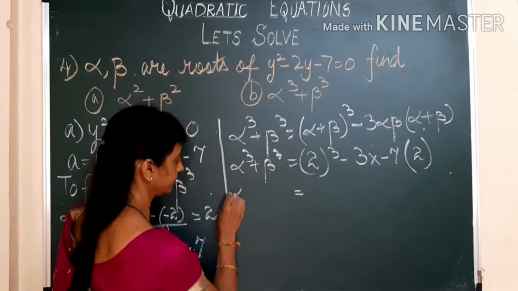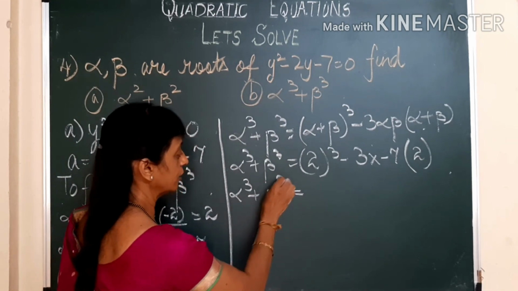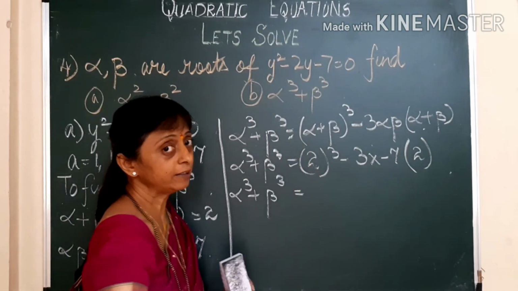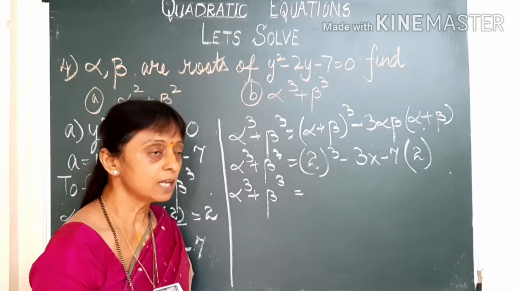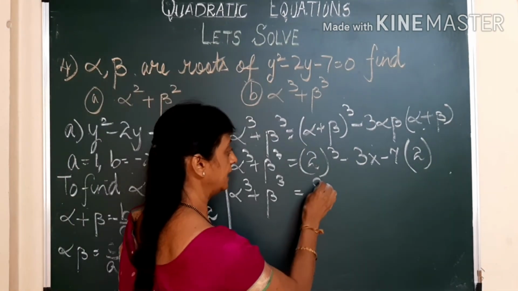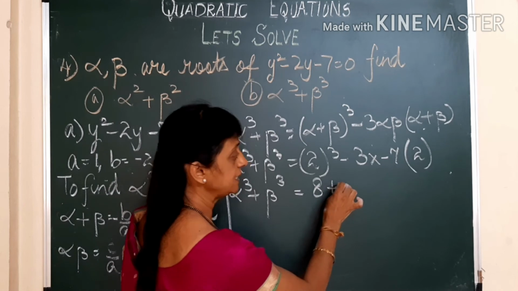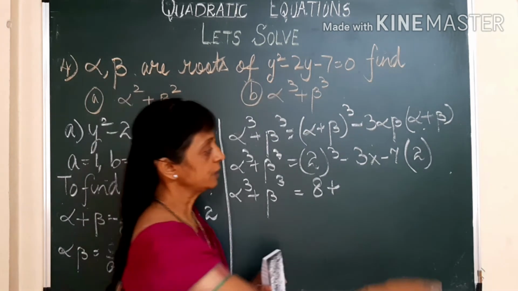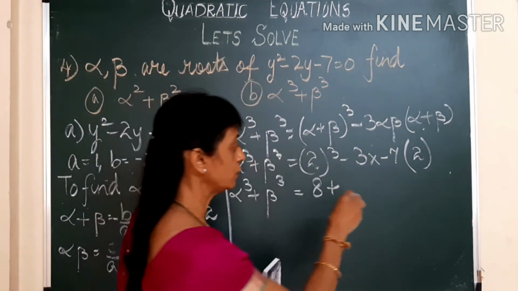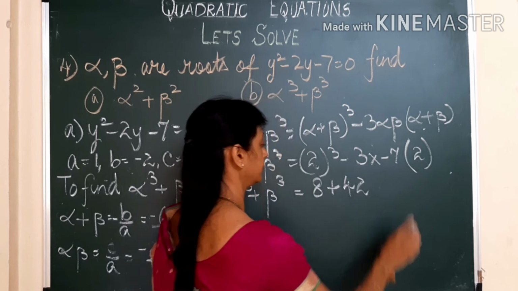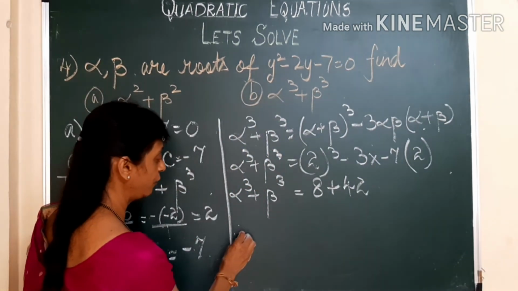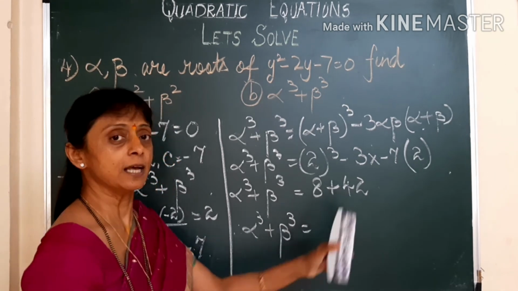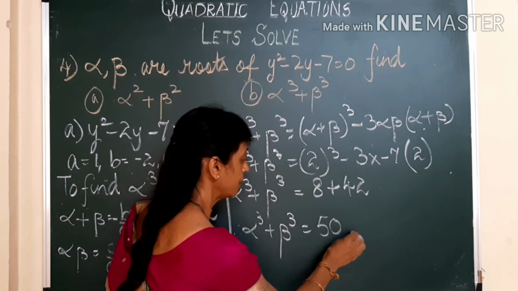Let's solve it to finally get the answer of alpha cube plus beta cube. 2 into 2 into 2. 2 is multiplied 3 times. So 2 into 2 is 4. 4 into 2 is 8. Minus into minus gives you plus. Now children, 7 3s are 21 and 21 into 2 gives you 42. Yes? Now, therefore, alpha cube plus beta cube is equal to 8 plus 42 is equal to 50.